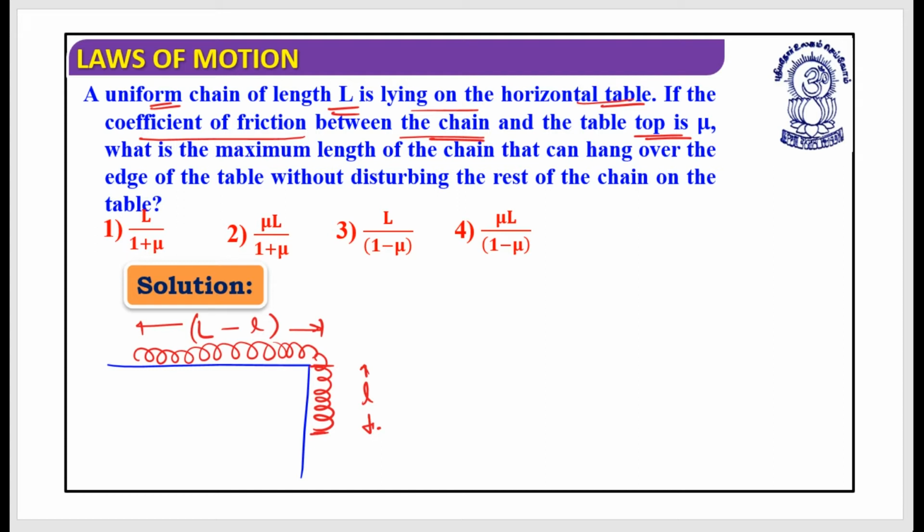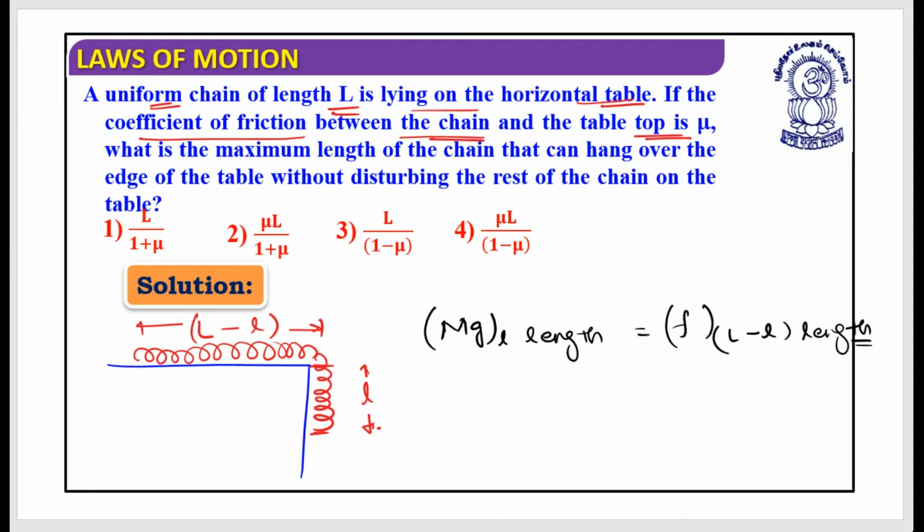So now what I understand is that the weight mg of the l length should equal the friction of the L minus l length. If these two balance each other, then there would be no relative motion.